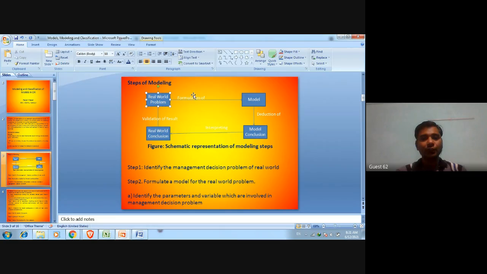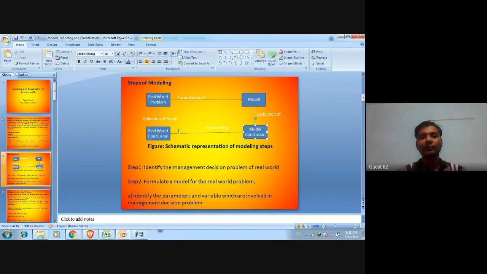You will formulate the problem into a model, and after formulating the model, you will draw conclusions about your model. Then you have to interpret your model conclusion.